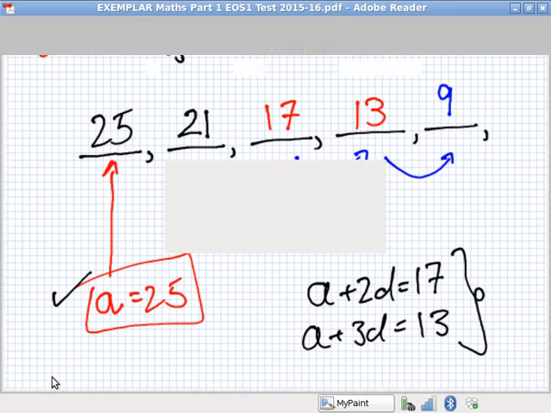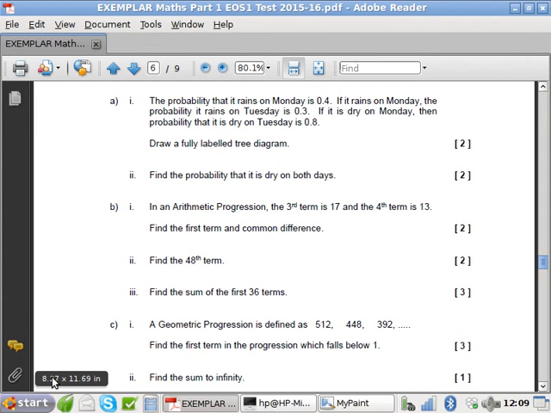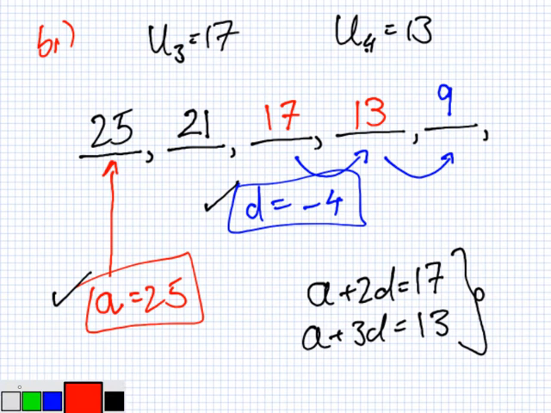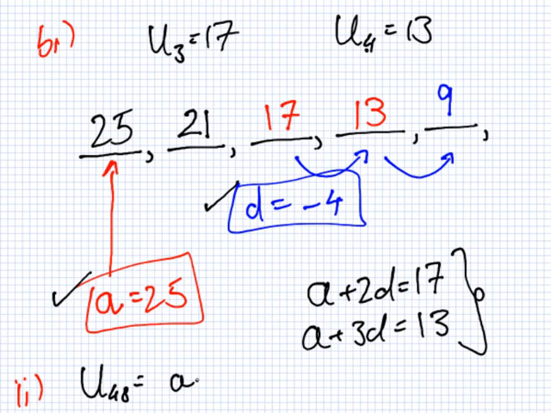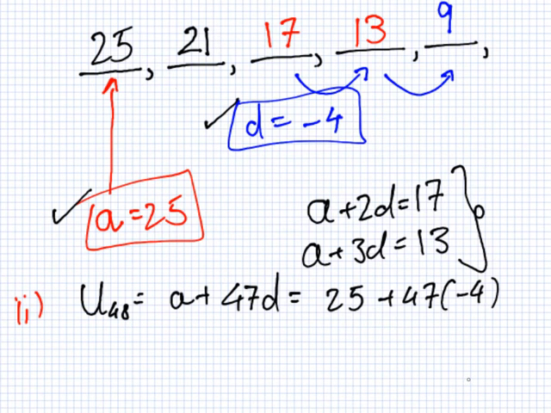Okay, so that's B part 1. Now B part 2, what is the 48th term? So the 48th term would be A plus 47D, which would be 25 plus 47 times minus 4, which is 25 minus 188, is it? 47 times 4?